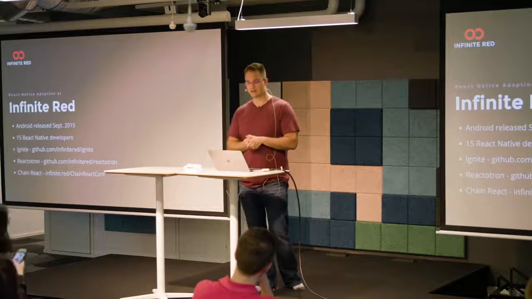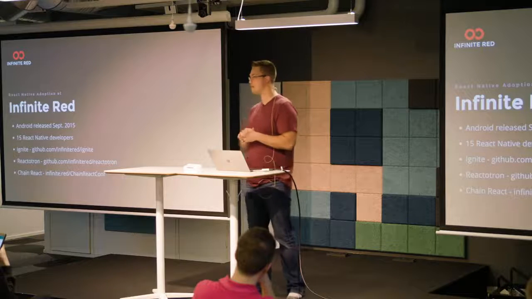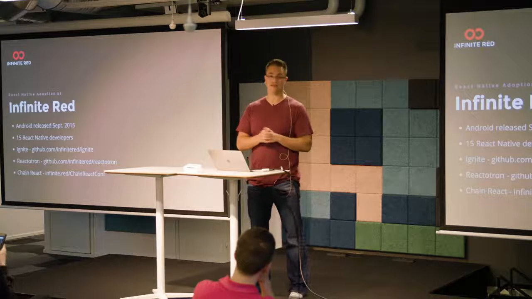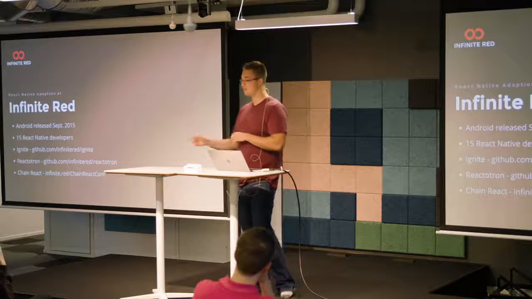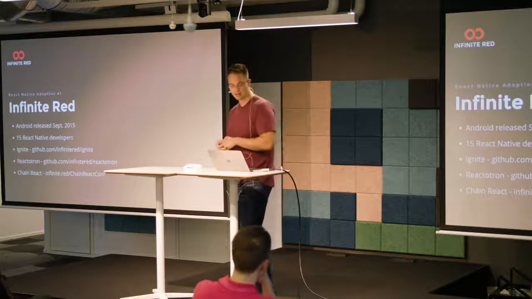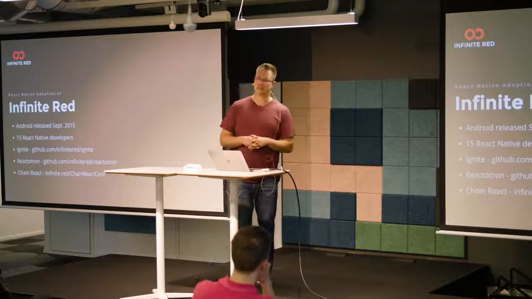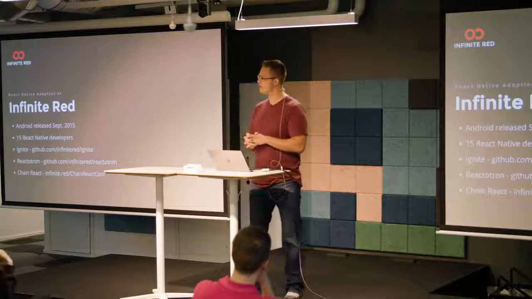And we released a boilerplate for React Native, which I will be talking about at React Finland on Friday, actually, called Ignite. You can find that at github.com/infinitered/ignite. So this has, I think it's getting close to 10,000 stars on GitHub.